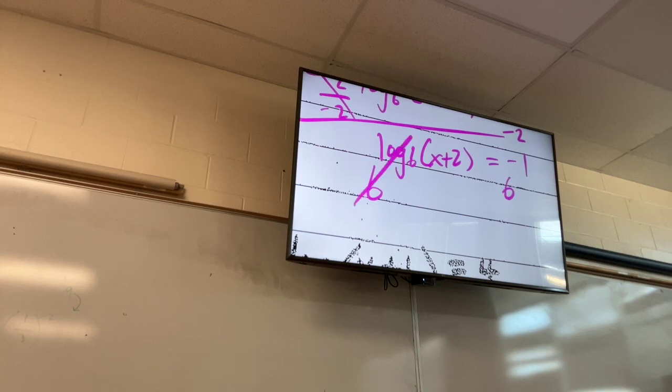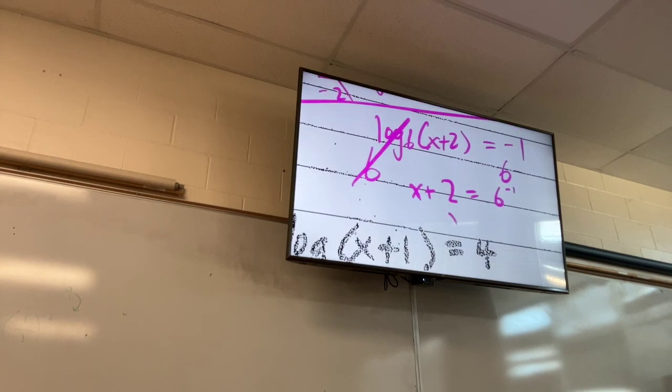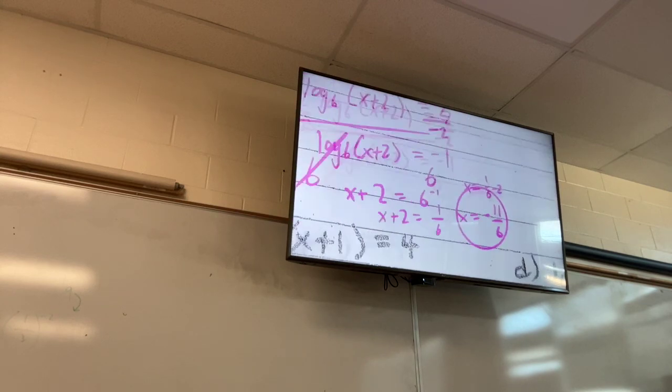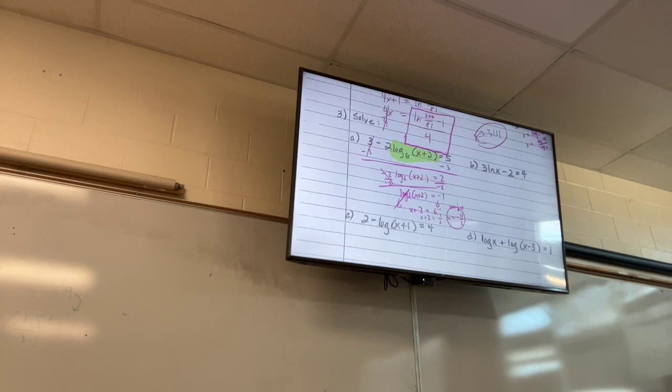The 6 cancels with the log base 6. I have x plus 2 equals 6 to the negative 1. x plus 2 equals 1/6. x equals 1/6 minus 2, which is equal to negative 11 over 6.